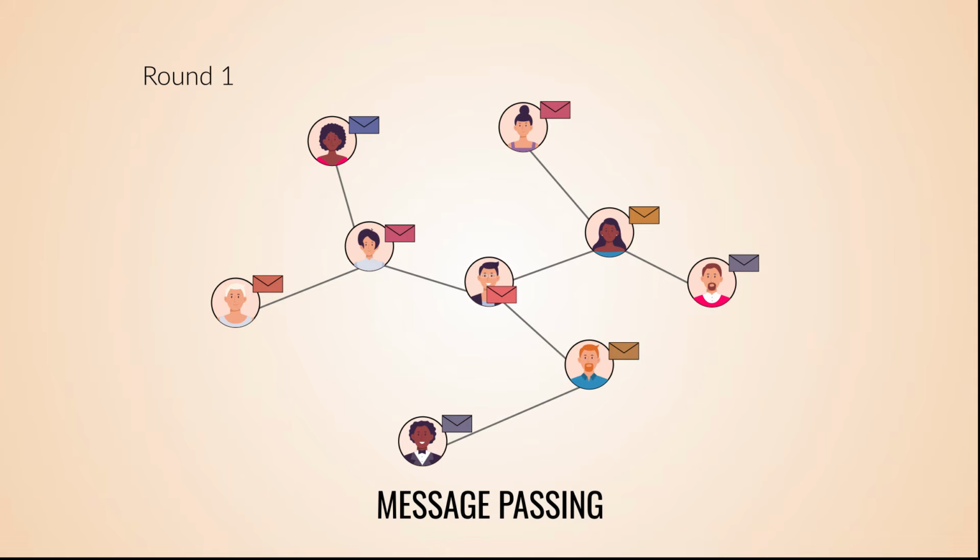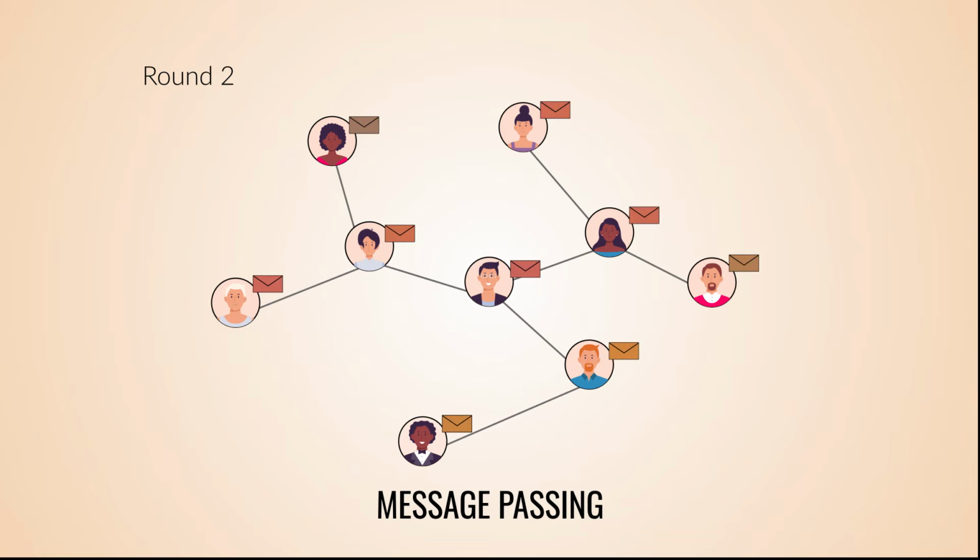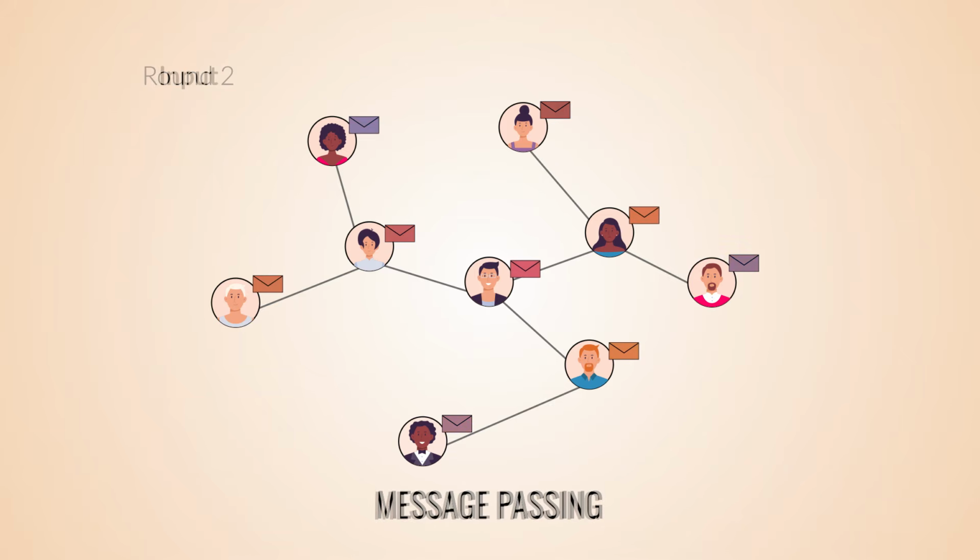Observe how the color of each message changes to represent the newly aggregated message. And with each new round of message passing, more and more information gets passed around in the graph. Over sufficient rounds of message passing, we will eventually obtain a final representation of each node in the graph that will describe it given the larger context.